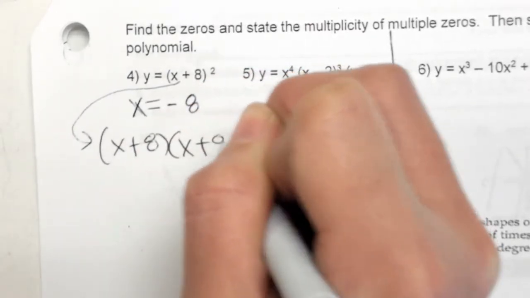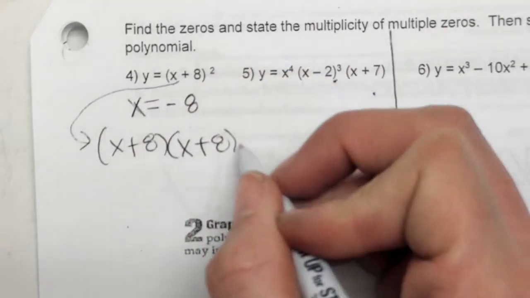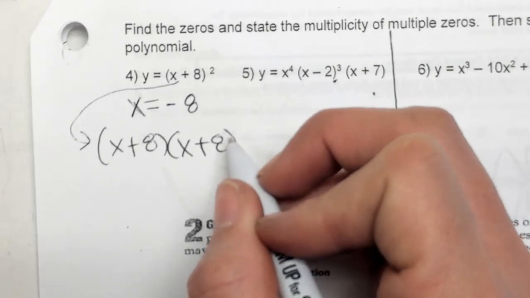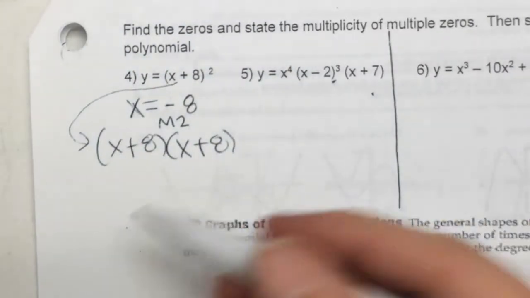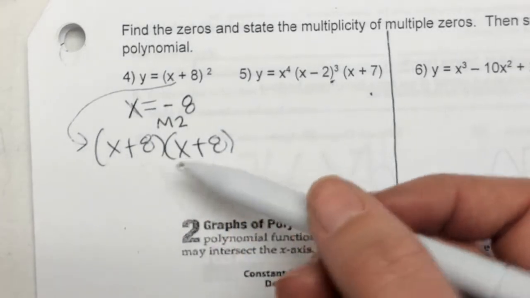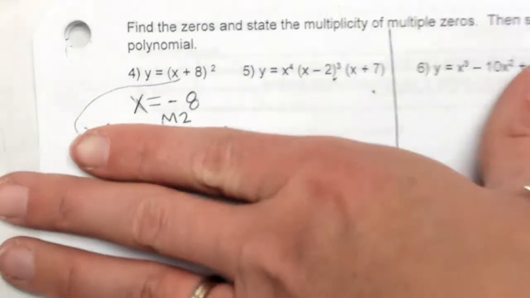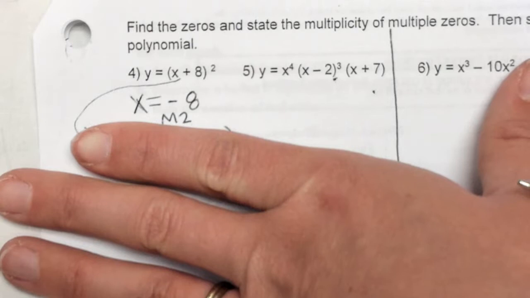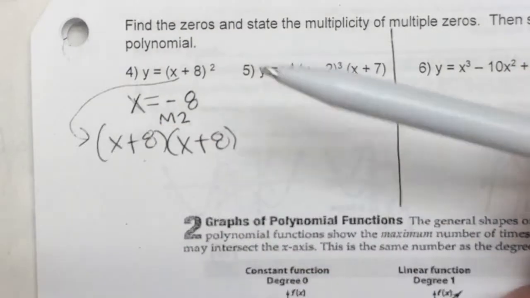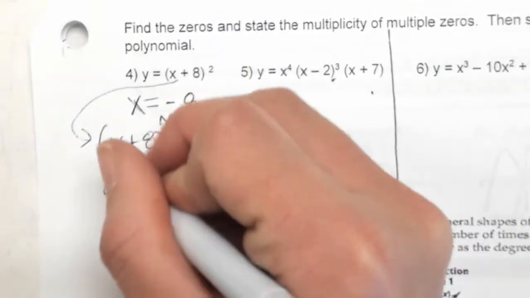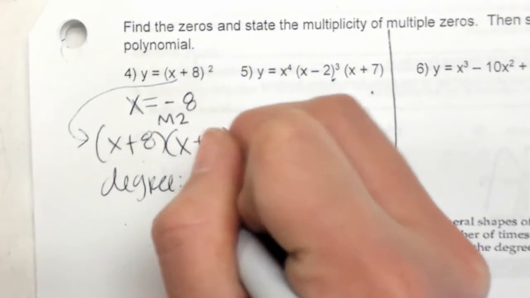Yes, so if I set both of these equal to 0, I'll get x minus 8 twice, right? That's why it has a multiplicity of 2. Now, do I have to do this? How could I tell the multiplicity without writing it out like this? Just look at the what? Exponent. Very good. So what's the degree of this polynomial? 2. Perfect.